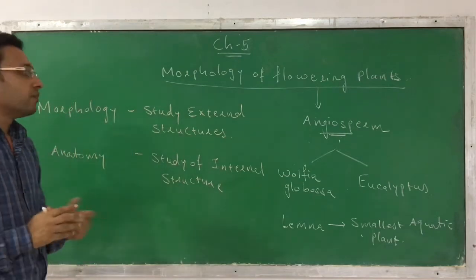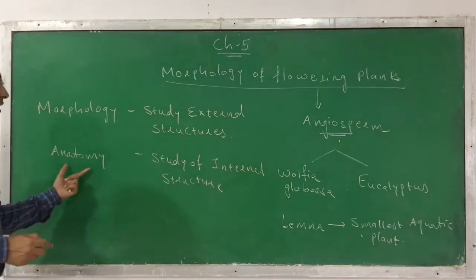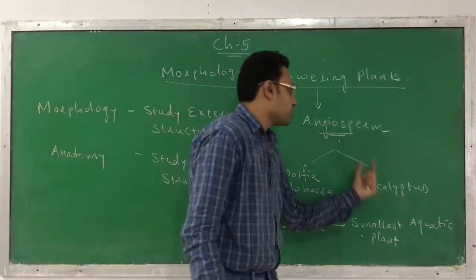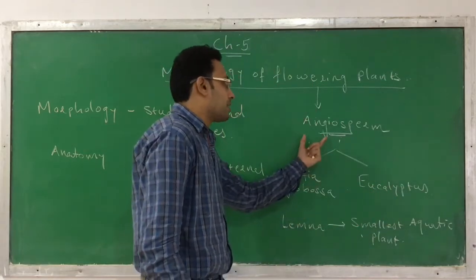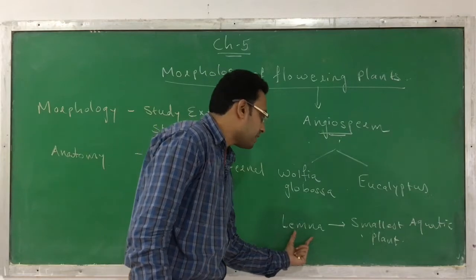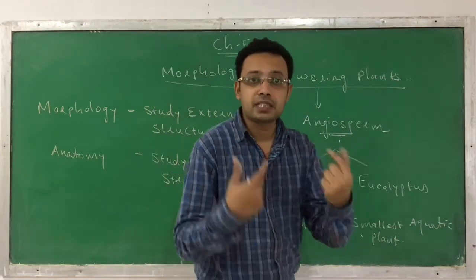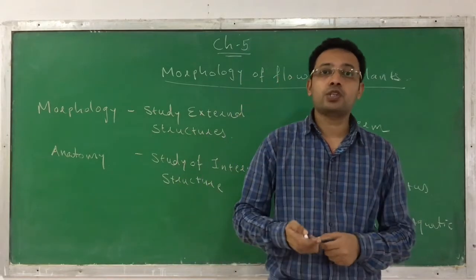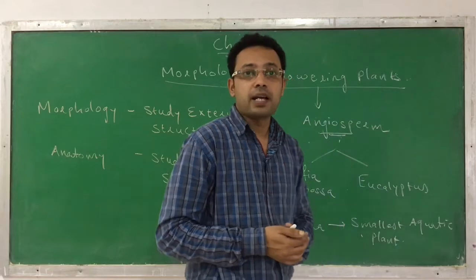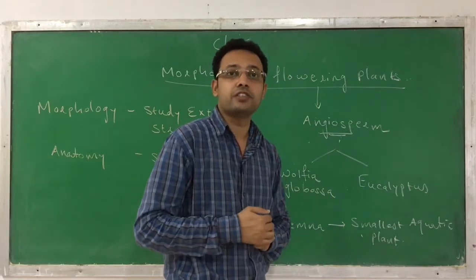From this we have learned that morphology means study of external structure, anatomy means study of internal structure, the largest angiosperm is Eucalyptus, the smallest one is Wolffia globosa, and the smallest aquatic plant is Lemna. Angiosperm means a flowering plant; they possess flowers, which lead to production of a seed, and the seed is enclosed by a fruit. So this is what happens in the case of an angiosperm.